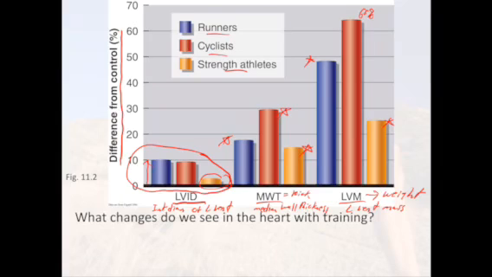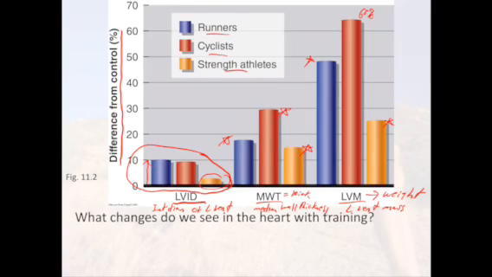So the internal diameter doesn't really get much bigger, but the heart gets thicker and stronger, shown by the next 2. So the heart gets stronger to push out blood over that greater afterload, but the internal diameter doesn't actually get that much larger.